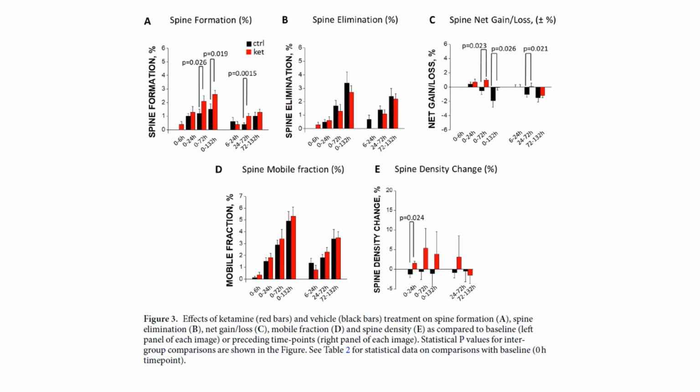The main effect that we observed is that the group of mice that received daily ketamine injections did show twice as many spines formed during a certain period of time as compared to the control group, whereas the spine elimination dynamics was not affected.